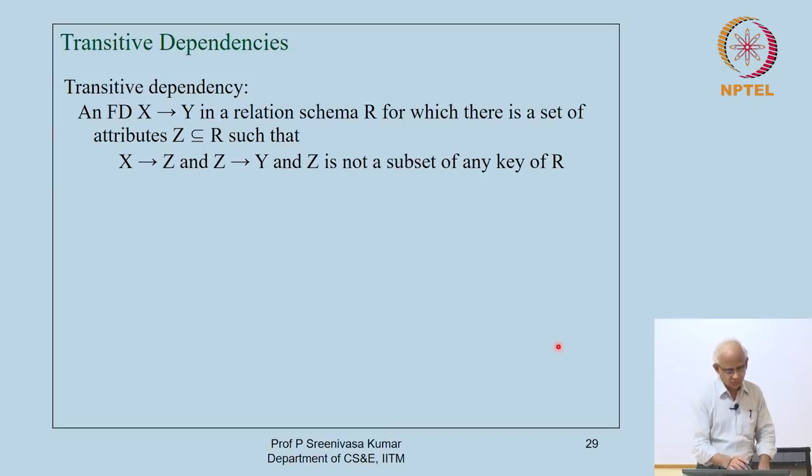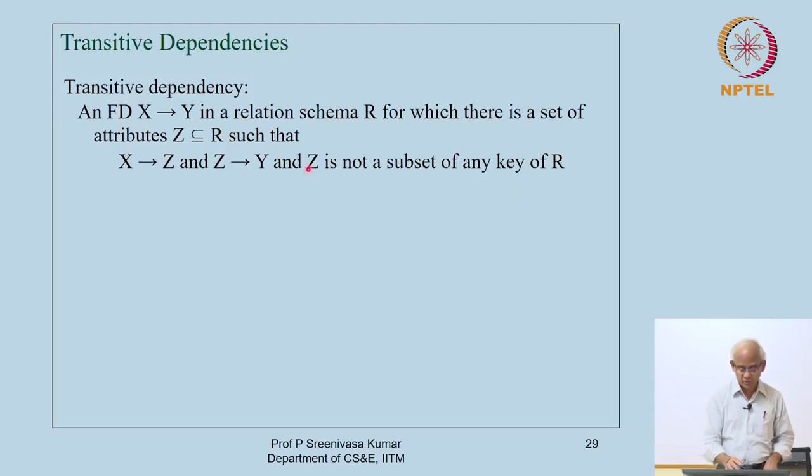Here we call some FD x determines y in a relation scheme a transitive dependency if there exists some set of attributes z such that z is not a subset of any key of R. There is a little technical condition imposed on z, that z is not a subset of any key of R.